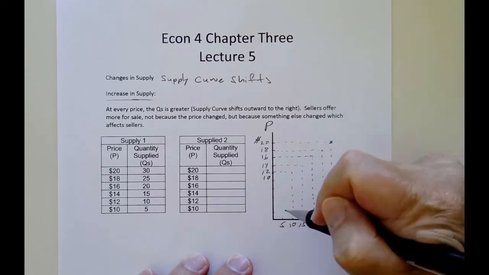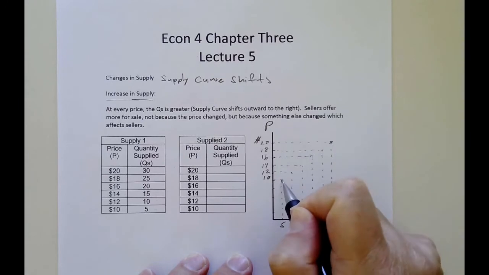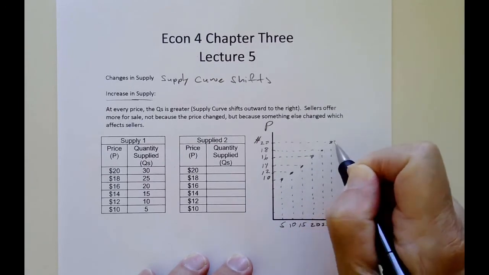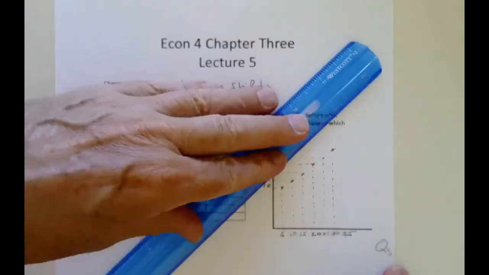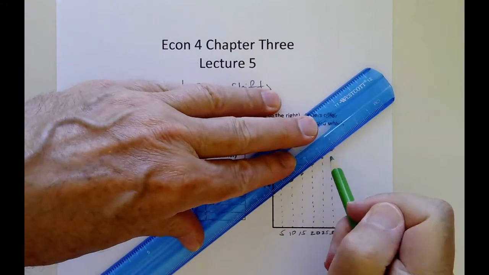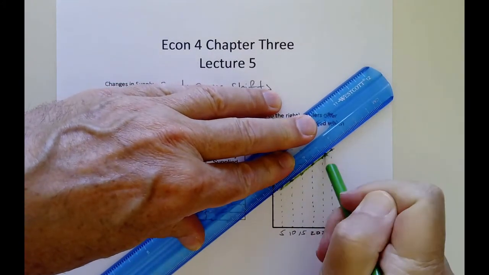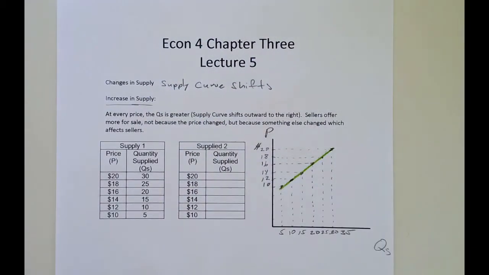And $10, the quantity supplied is 5. So we have 1, 2, 3, 4, 5, 6 data points. Connect them together. And we have supply 1.